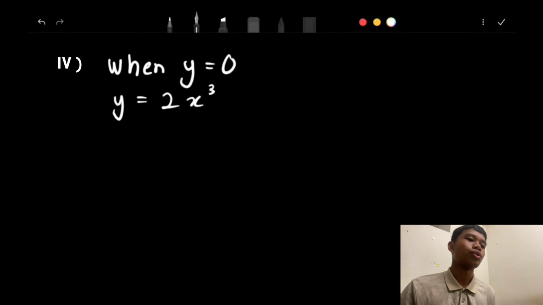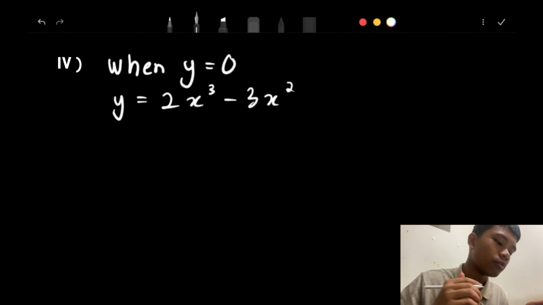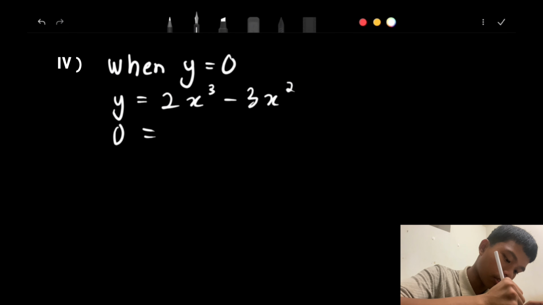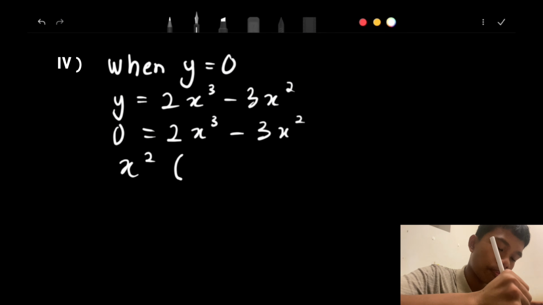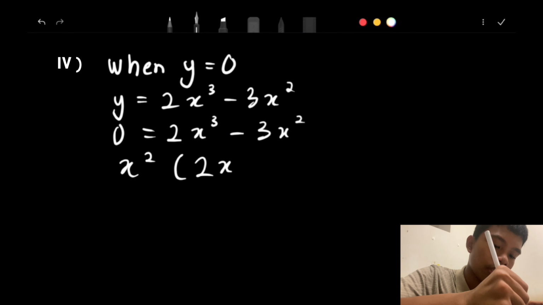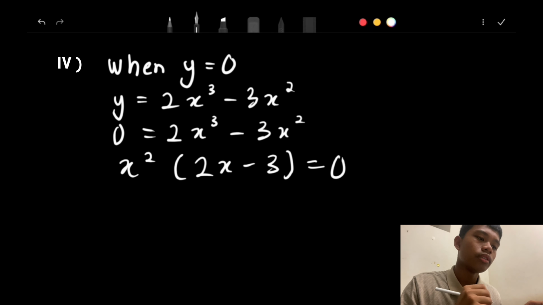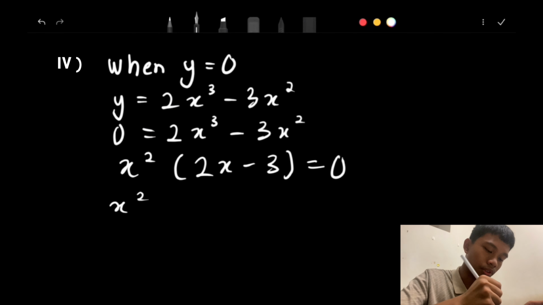Next, when y equals 0, firstly we have to factorize it like this: x squared (2x minus 3) equals 0. So the first x will be, x squared equals 0, x will be 0.